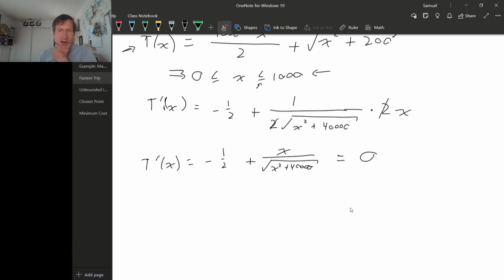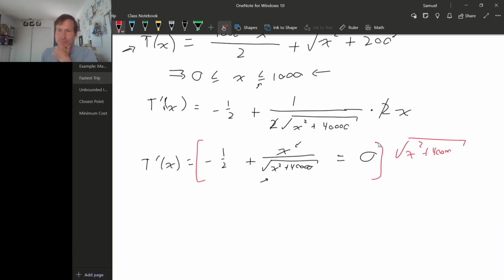Okay, now this is a little tricky to solve because x shows up inside the square root and outside the square root. Why don't we start just by clearing the denominator? So let's multiply both sides of this equation by the square root of x squared plus 40,000.